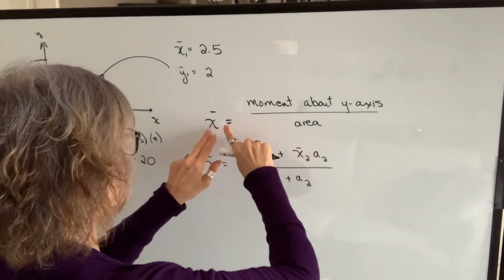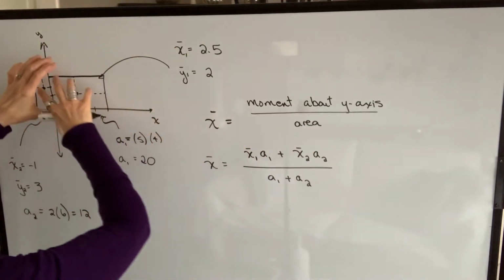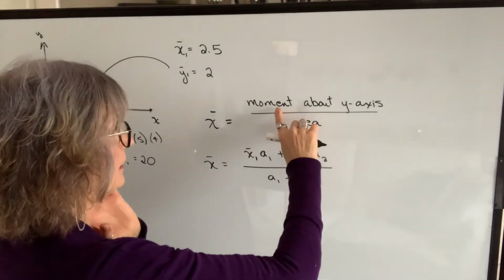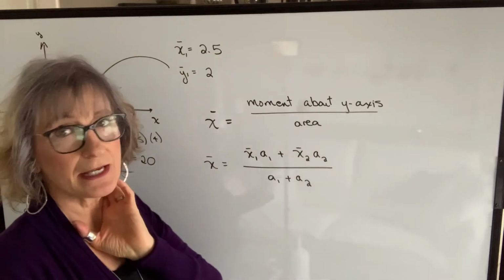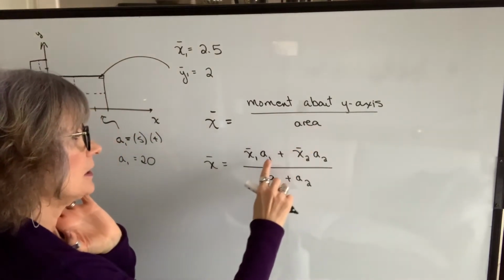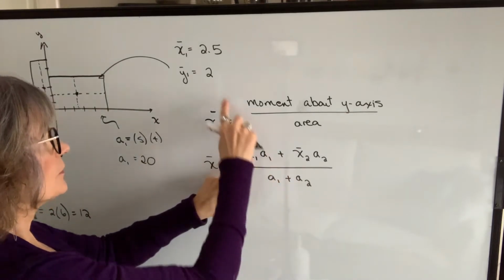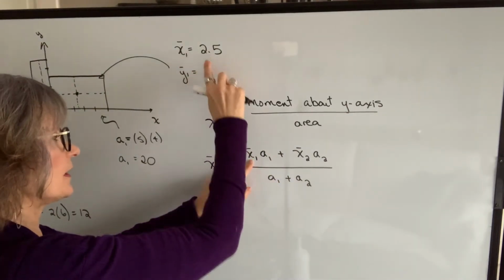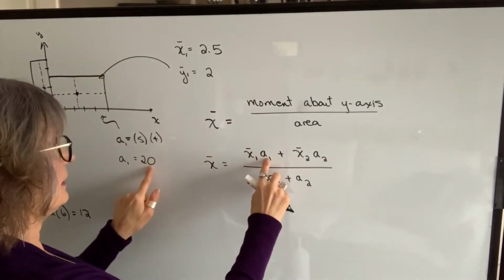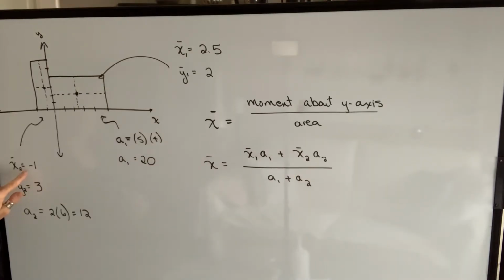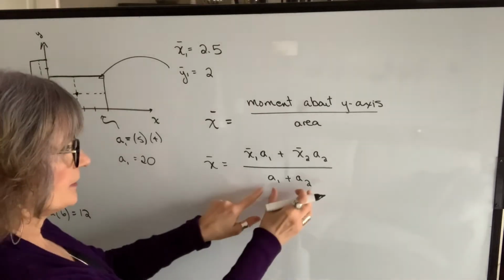Then I'm going to find the x-coordinate of the centroid for the whole shape by taking the total moment about the y-axis and dividing by the total area. The total moment will be the sum of the individual moments. So I take the x-coordinate of this centroid times this area plus the x-coordinate of the centroid of this shape times this area. Then I divide by the total area.